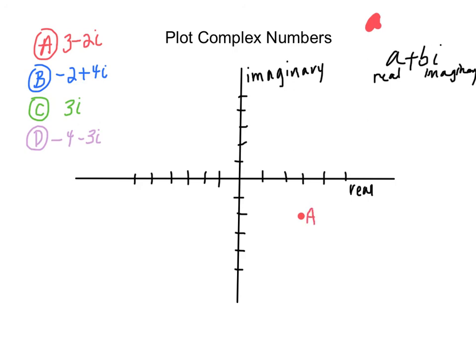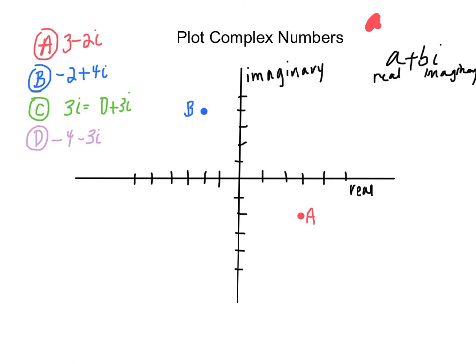Then we're going to plot our B using the same method. We're going to go left 2 spaces and up 4. When plotting our C point, we need to realize that this is the same thing as 0 plus 3i. So we're not moving any distance on our real axis, only on our imaginary axis.